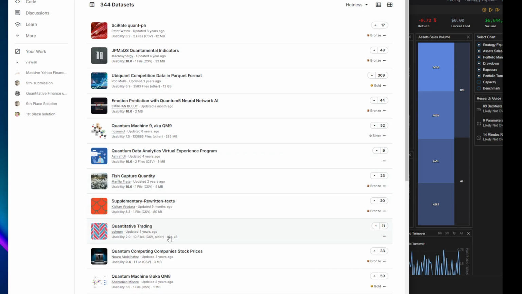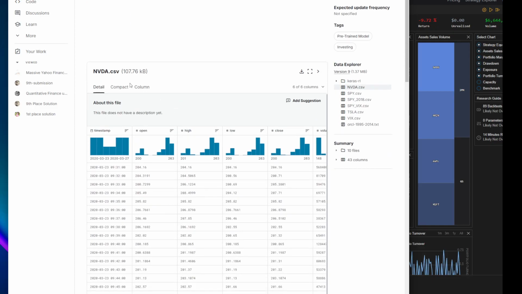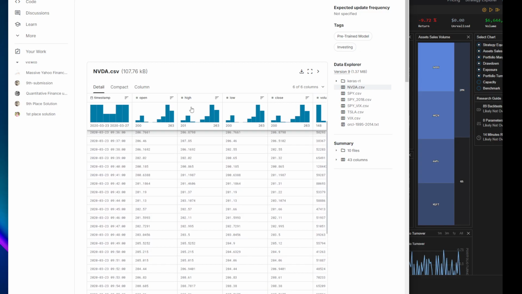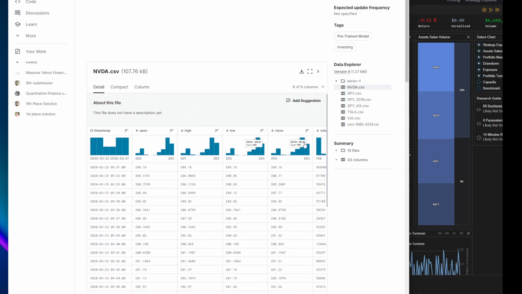Quantitative Trading 4 years ago. 10 files, usability. Right, this is just going to take a bit of digging into. You come across all sorts of things here. NVIDIA. I bet this file does not have a description. Open, high, low, close, volume.